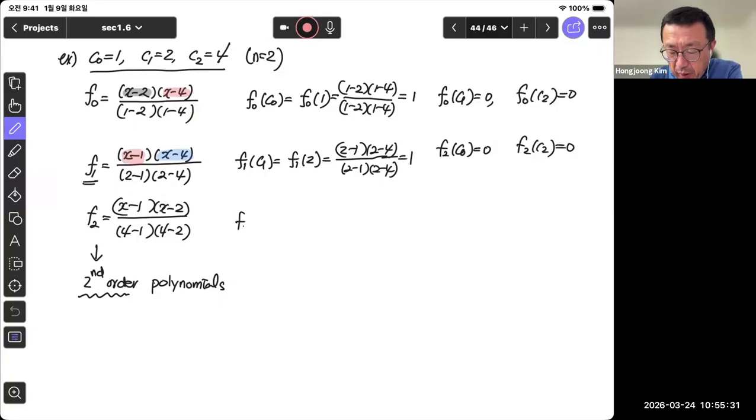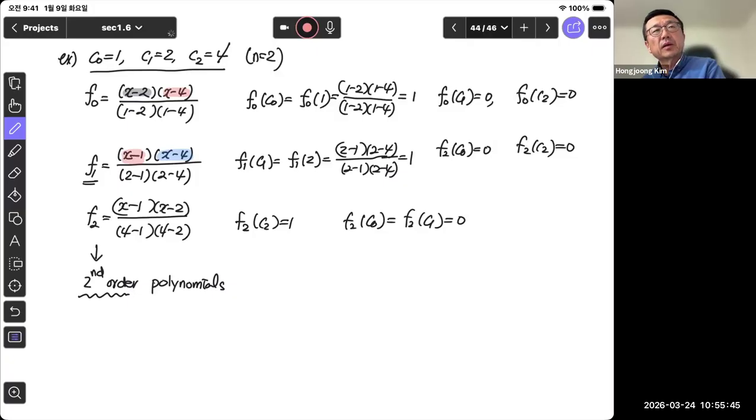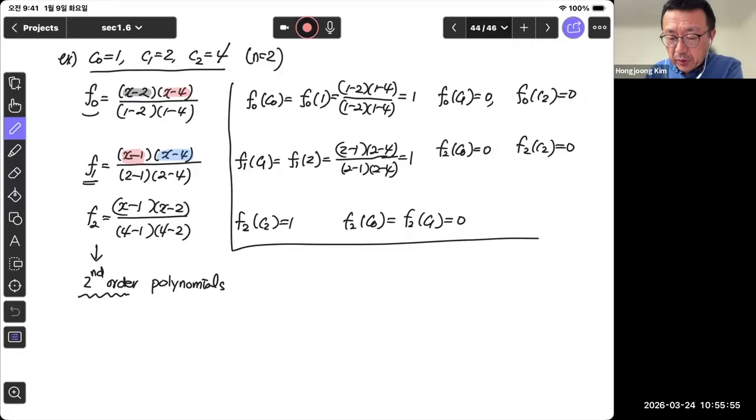And in a similar way, f2 of C2 will be 1, while f2 of C0 or f2 of C1 is 0. They are all zeros, right? So I define three polynomials, f0, f1, f2, and they have this property.